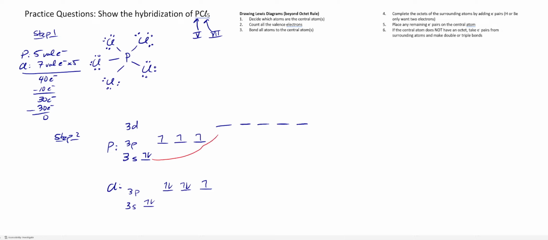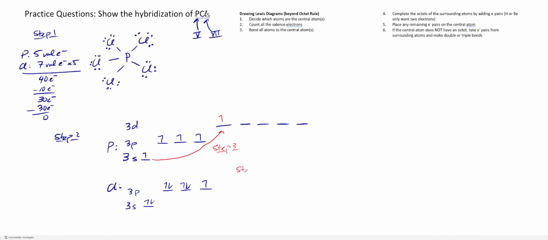So let's promote this one and bring it up here. And let's check to see if that will give us sufficient unpaired electrons to make 5 bonds. 1, 2, 3, 4, 5. Amazing. I can make my 5 bonds with this unpaired electron in the 3p orbital of chlorine.